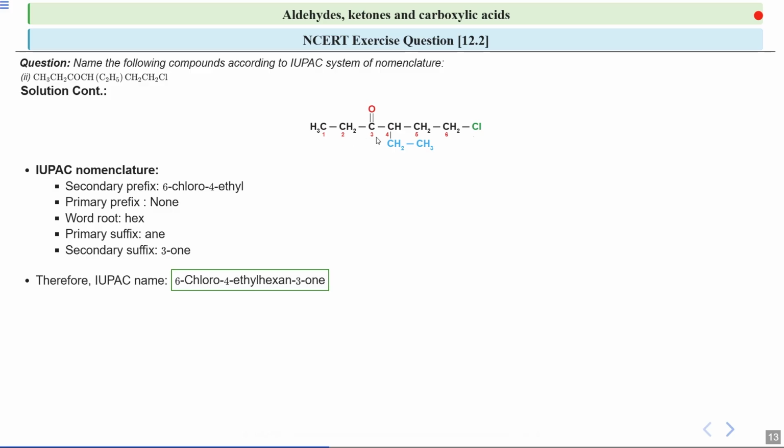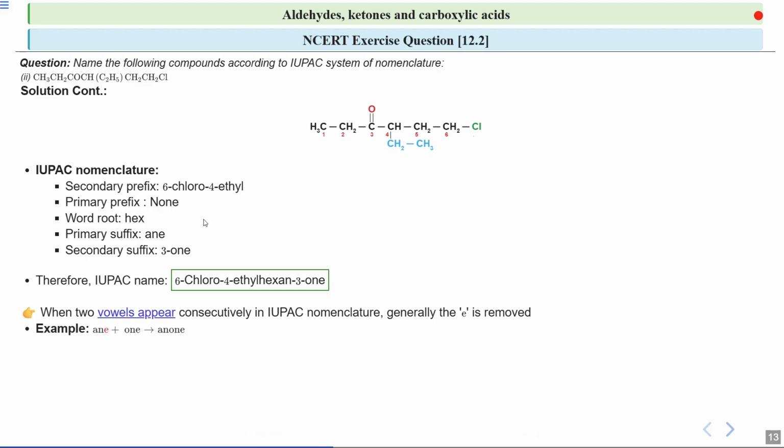When you put it all together, you get the IUPAC name as 6-chloro-4-ethylhexan-3-one. You will see over here that the E of hexane is replaced by ONE. Why? Because if two vowels appear consecutively, then generally we remove the E.